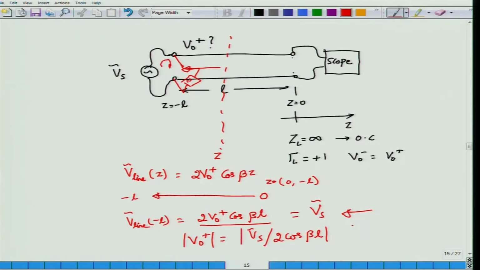If I consider a very special case of beta L being equal to pi by 2, beta L equal to pi by 2 in transmission line problems is called a quarter wave transformer, because beta we will relate later on to the wavelength, and it is given by 2 pi by lambda into L equal to pi by 2.